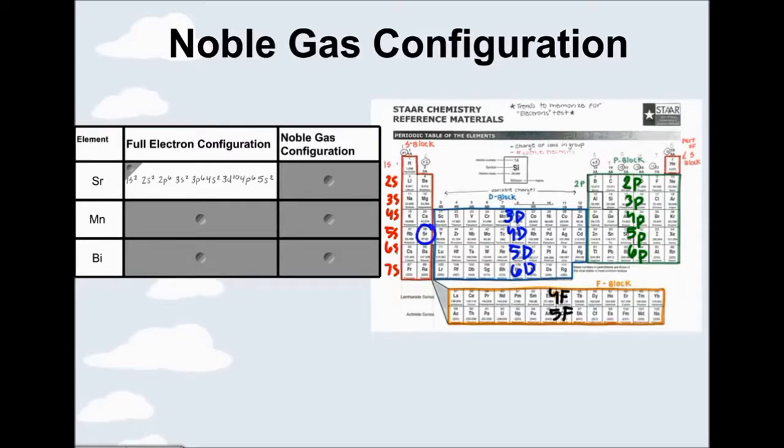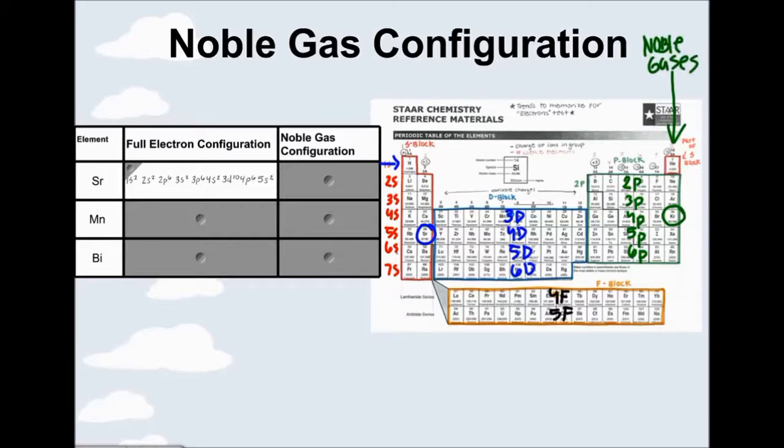So if I have to start at the very beginning, it's going to take me forever to write out the electron configuration, okay? So I cheat and I do a noble gas configuration starting at the noble gas in front of strontium, which would be, in this case, xenon. So this group, group 18, these are your noble gases.